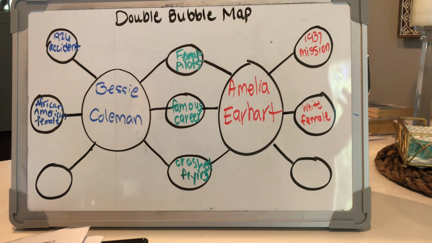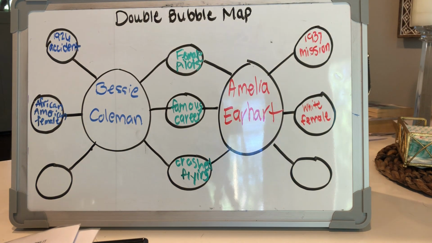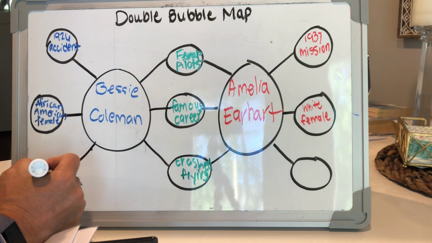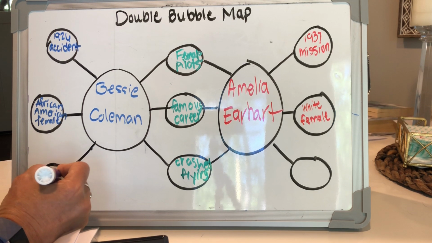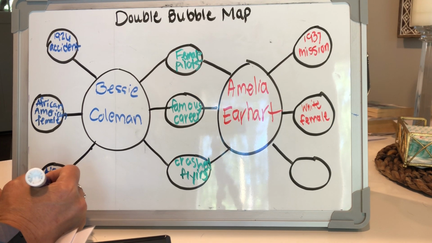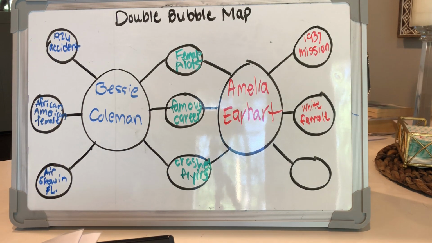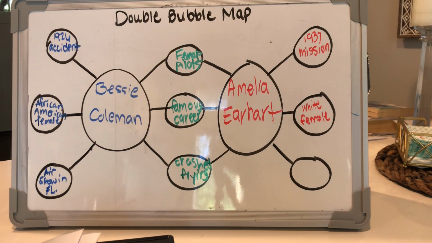And then our last contrast was, there are a lot of things that we read about them. We kind of focused more on the end when things went awry, but Bessie Coleman was in an air show in Florida. So that's when things happened. So air show in Florida. I'm going to put FL for short. And then we're going to come over and we're going to stay on topic.